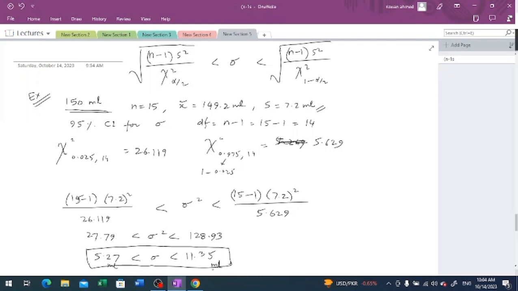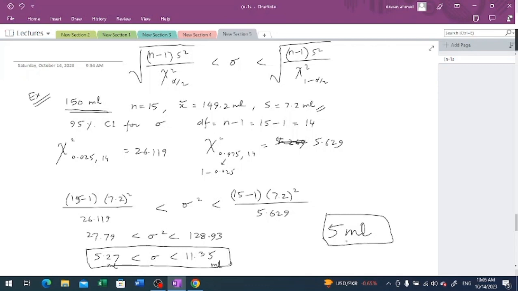The sample has indicated already that it is exceeding 5 ml, but we cannot generalize the sample findings to the entire population. So for that reason, we have determined the population standard deviation using a 95% CI. Over here, we have to look at the lower bound. Is the lower bound a value that is exceeding the 5 ml standard they have set for the standard deviation?